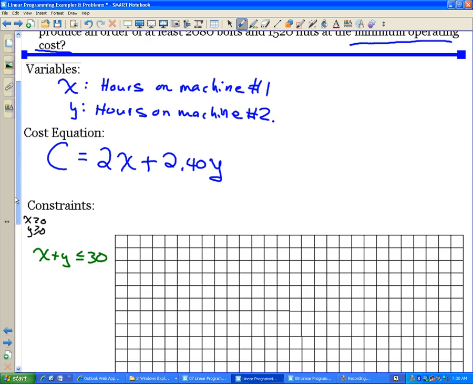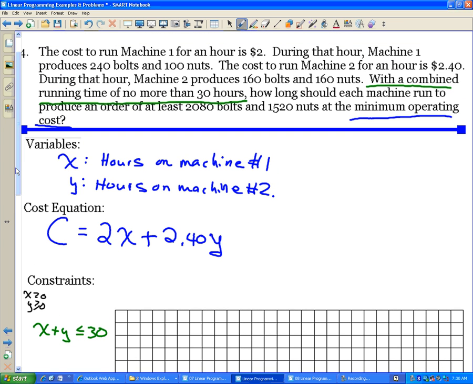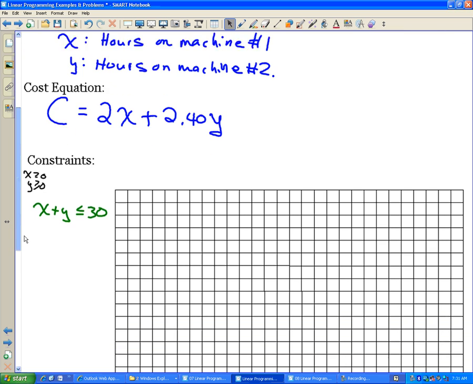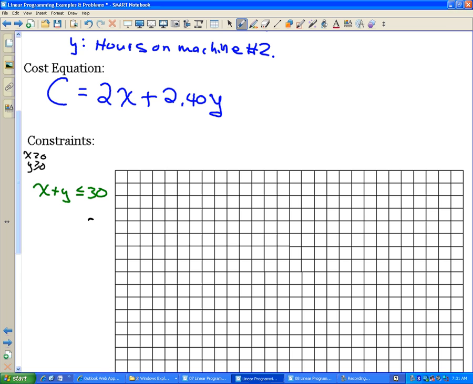What's my next constraint? The next constraint is the number of bolts and the number of nuts. How long should each machine run to produce an order of at least 2080 bolts. Let's look at my bolts. For my bolts, I have 2080. I want at least that, so I don't want less than or equal to.